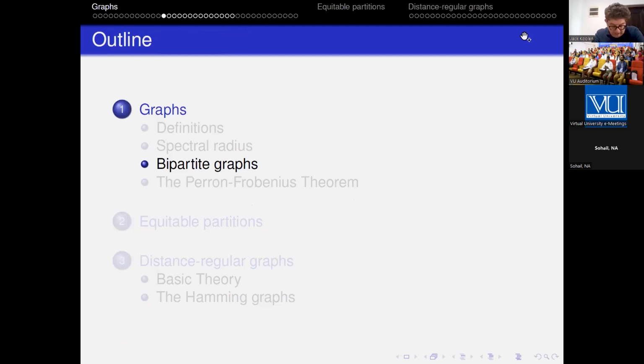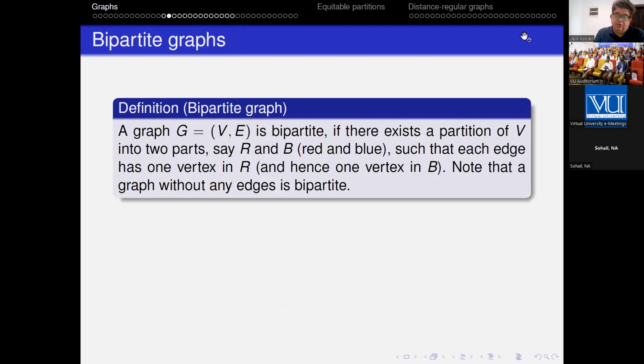Okay, now I will discuss bipartite graphs. A graph is bipartite if there exists a partition into two parts, say the red and the blue vertices, such that each edge has one red vertex and one blue vertex.